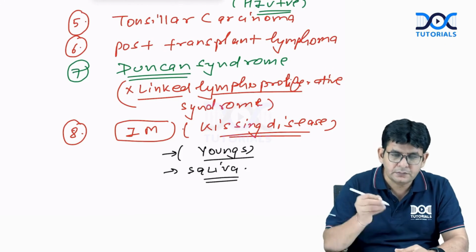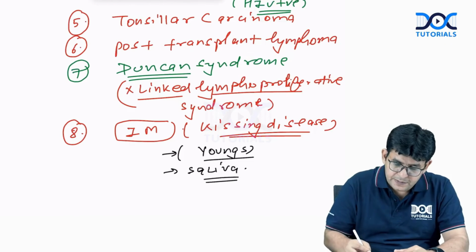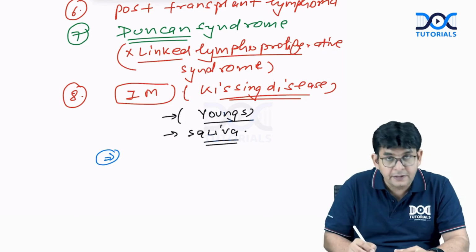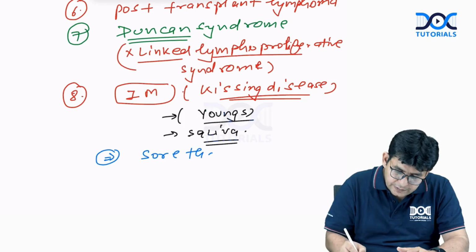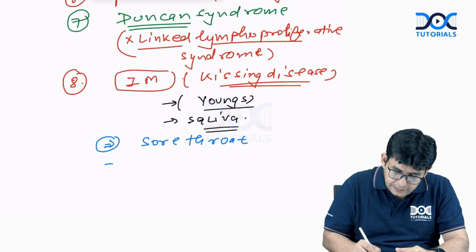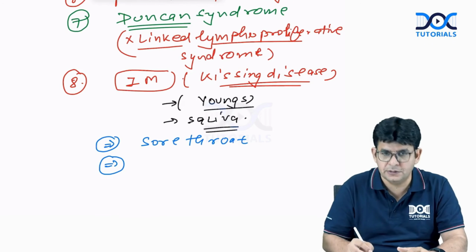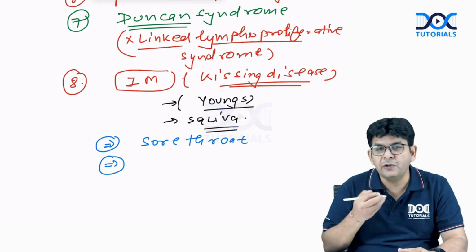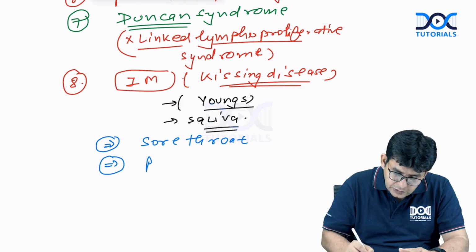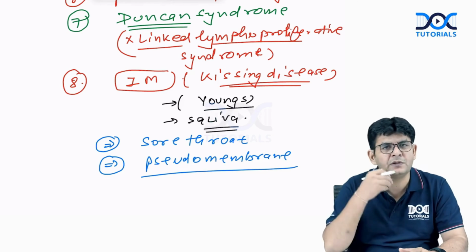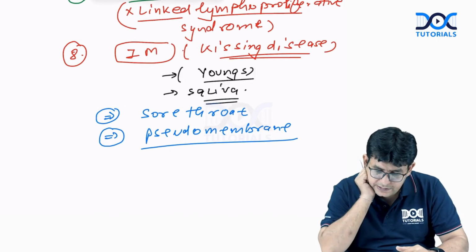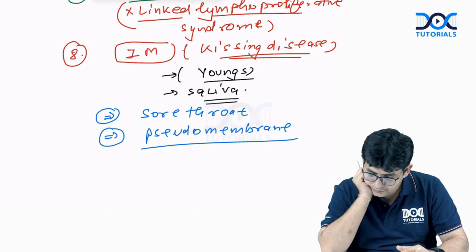Now, in this condition, the main complaint the patient comes with is sore throat. And when you ask as a doctor to open the mouth, what do you observe? You observe a pseudomembrane. Okay, pseudomembrane, it can be over the posterior pharyngeal wall or over the tonsils also. You can find this pseudomembrane.